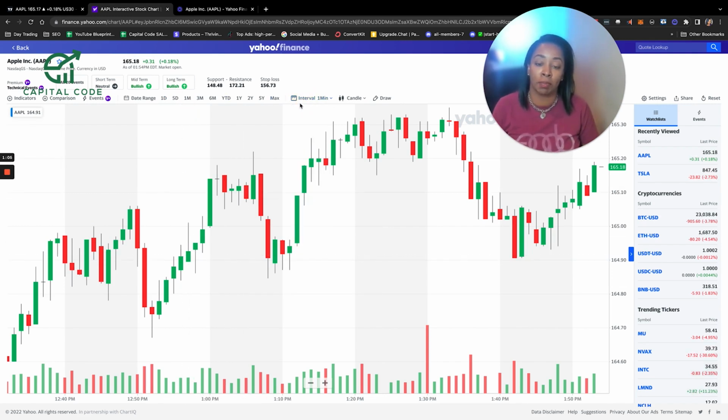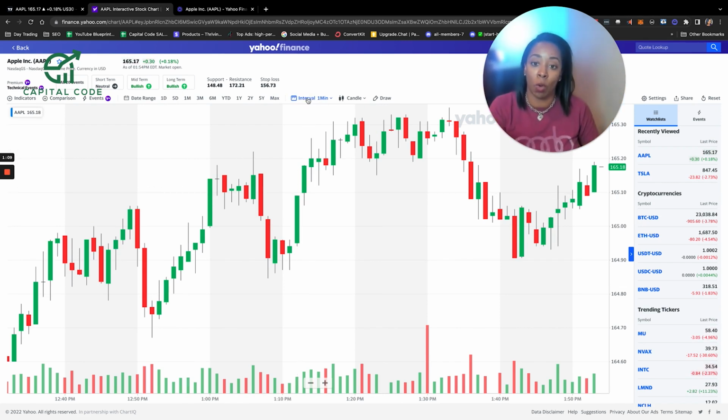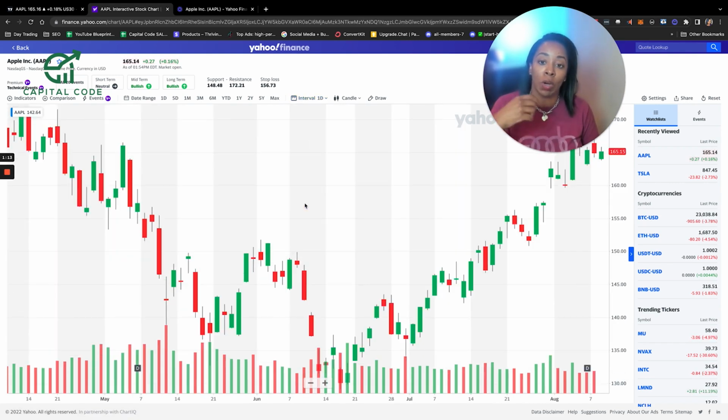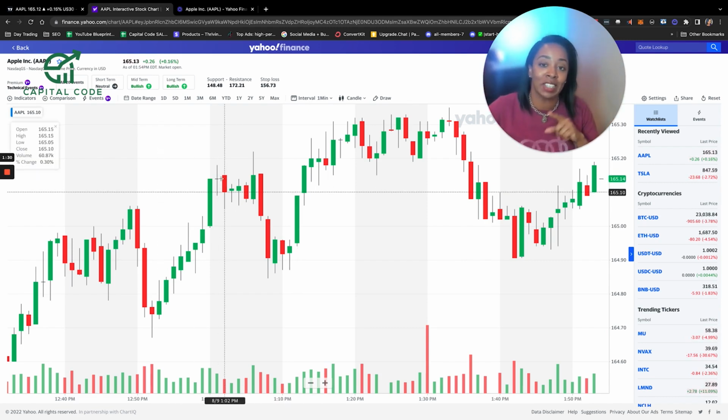When you go from a higher time frame, say the 1 day interval, down to something like the 1 minute, you're zooming in on the price. So 1 day may look like this, but if you go down to the 1 minute, it may look like this. We'll get into that shortly.